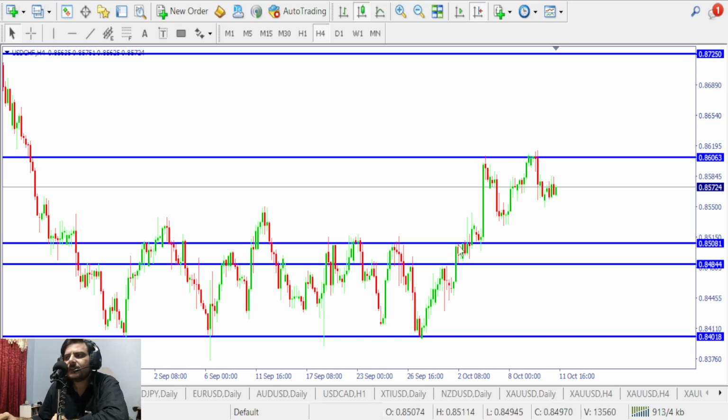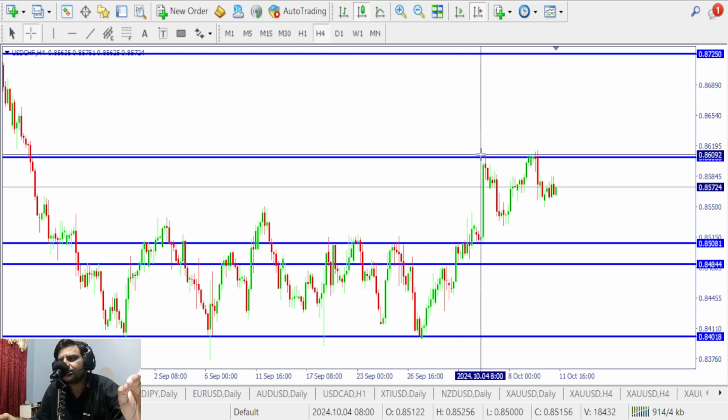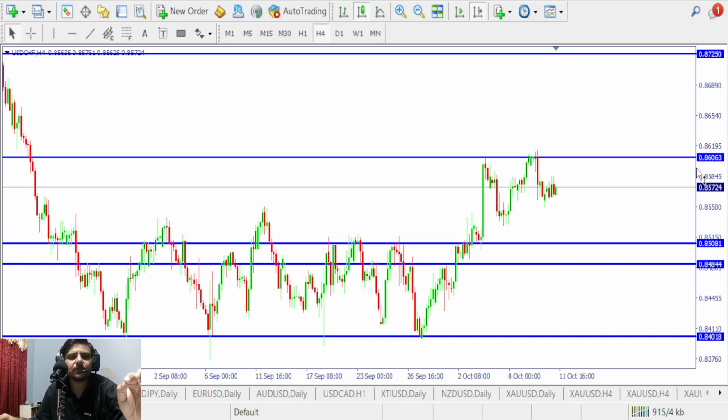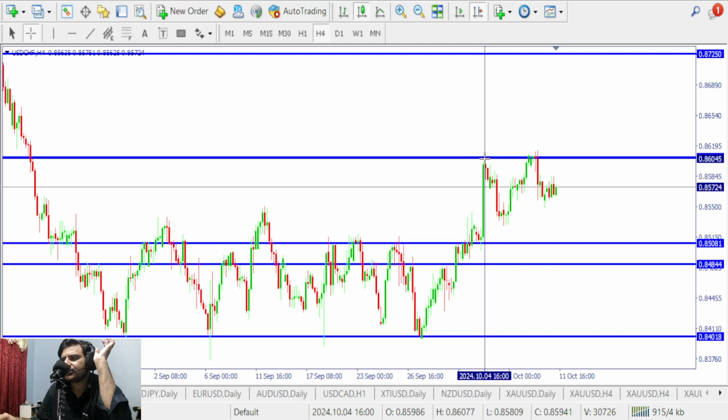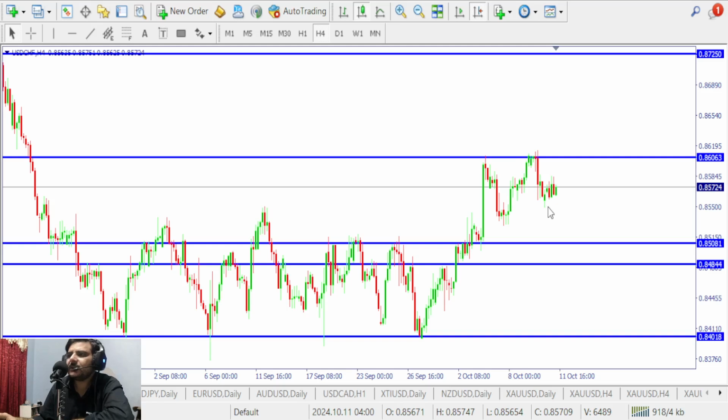So first of all, let's have a look at the previous week and on the dollar CHF H4 time frame. Last week, as I have clearly mentioned, this level of 0.86063 is going to be a super fantastic sell area on the H4, and right here the result is 78 pips, and then obviously this is going to be 62 pips in the market last week on the basis of the previous analysis.